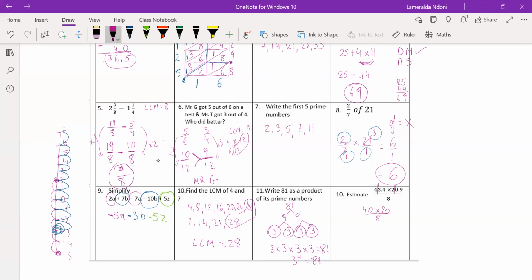So we have 40 times 20 is 800 over 8. Now we simplify. 8 divided by 8 is 1, so that's 100 over 1. So the answer is 100.